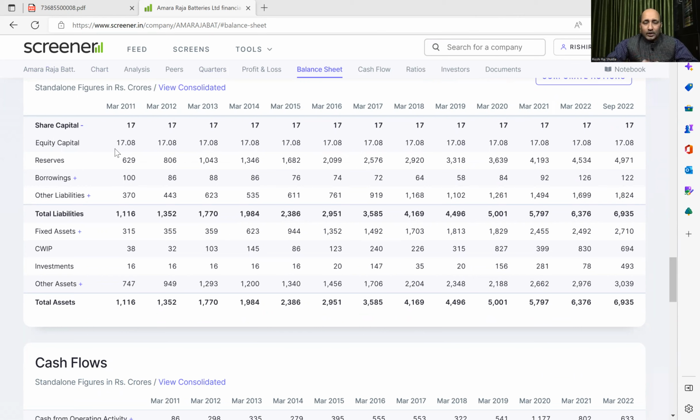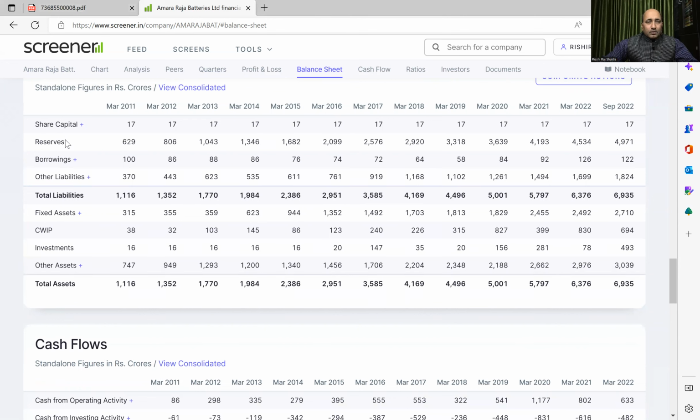If face value is 10 and equity capital is 17 crore 8 lakh, in that case authorized shares will be 1 crore 70 lakh 8,000. So now, in my view, it is clear what equity capital is and how much equity capital will be, what share capital is. Now we will see the second thing here.